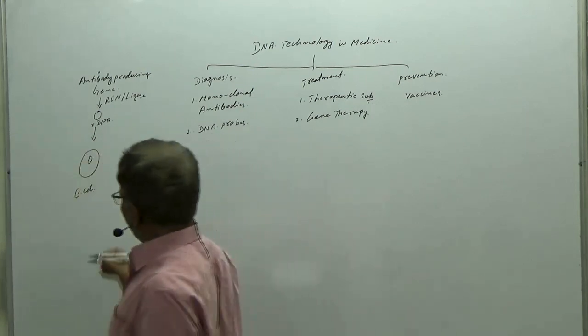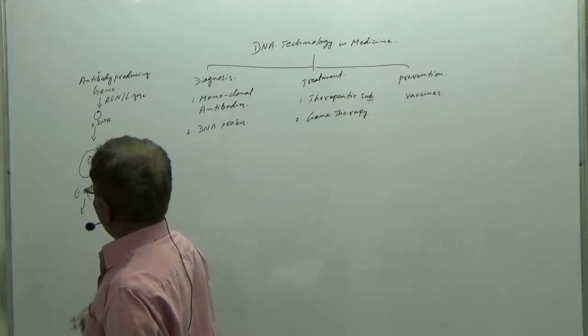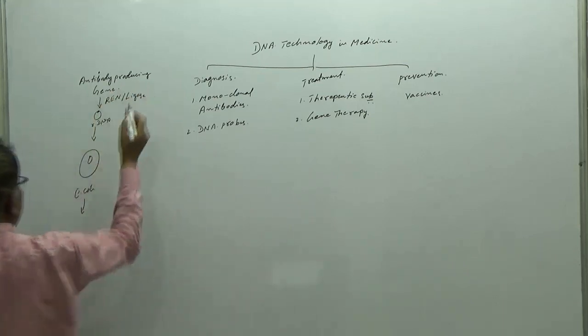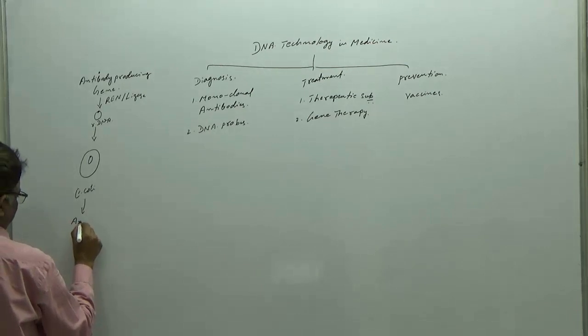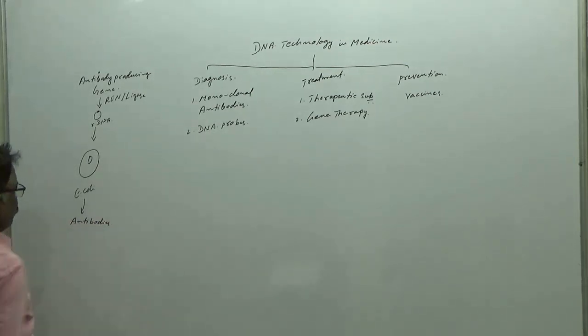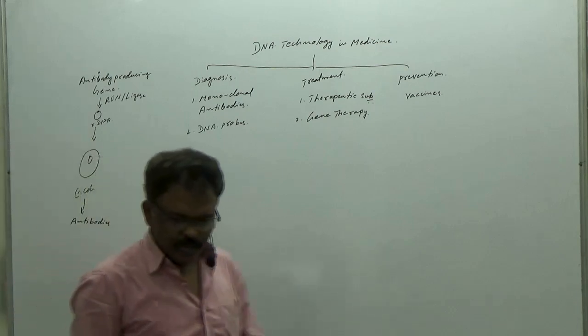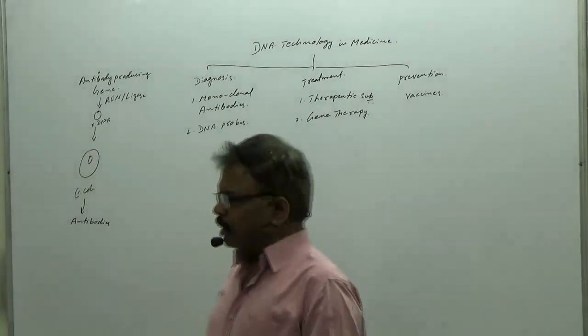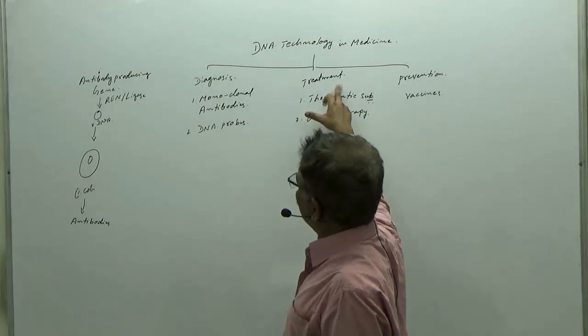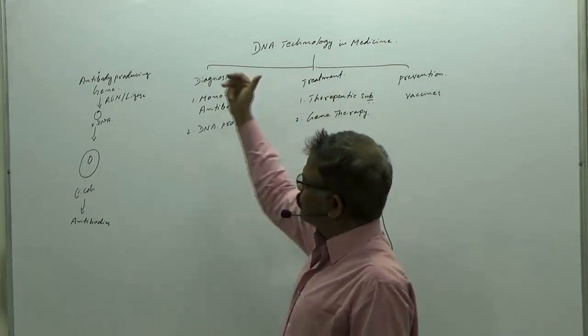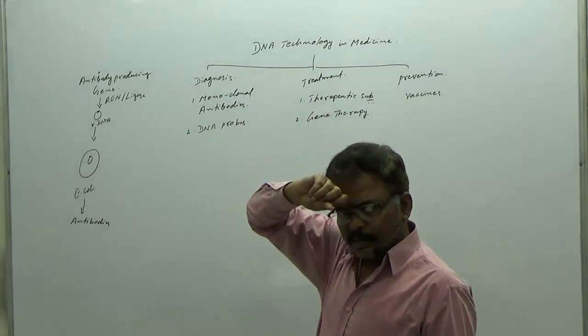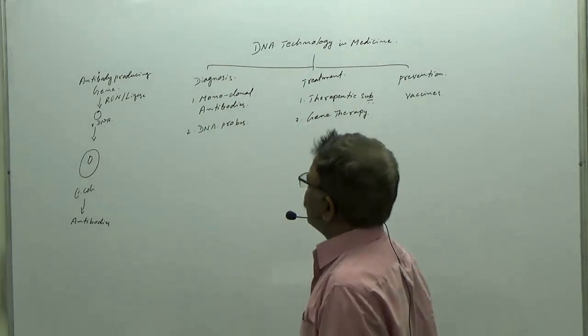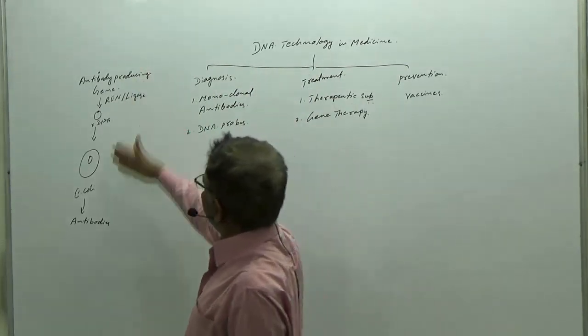Then this E. coli produces a number of antibodies. These antibodies we can use either in treatment or to diagnose a particular disease. So this is one method.